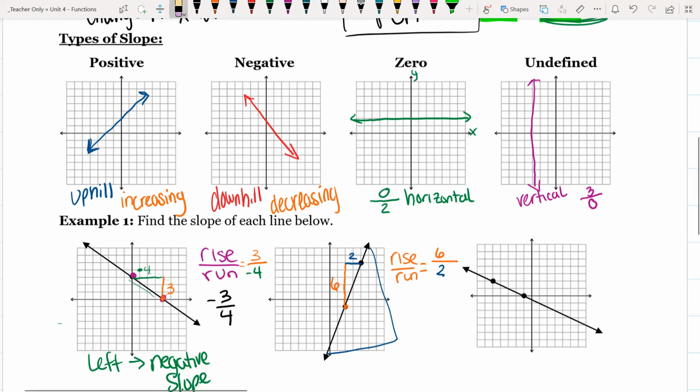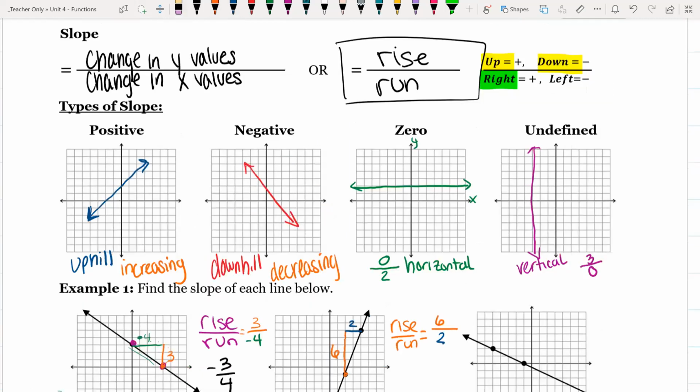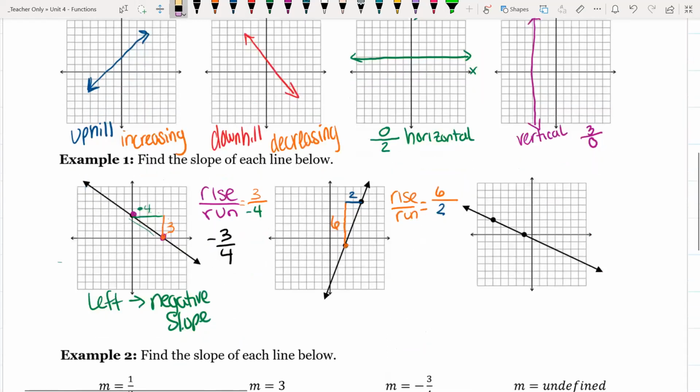Since we went to the right, it's a positive slope, right? Okay, so now 6 over 2 can be simplified to 3 over 1 or just 3. So our slope is 3. And we went to the right, so it's a positive slope.